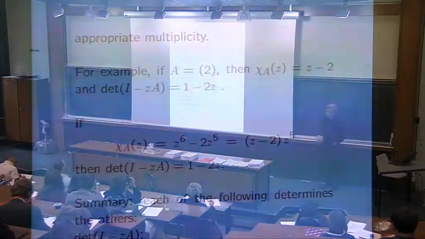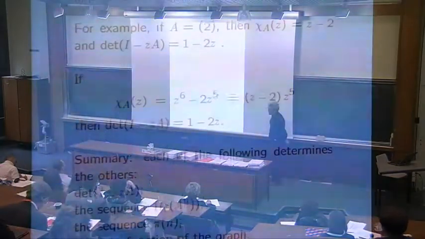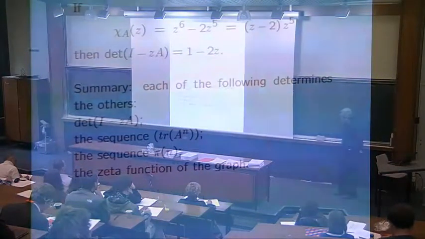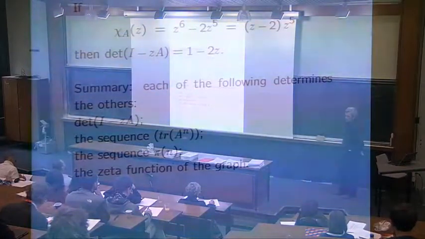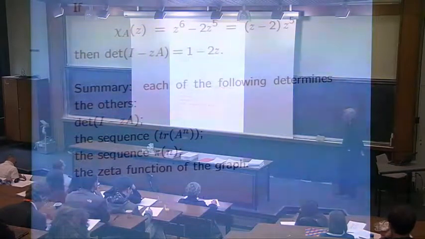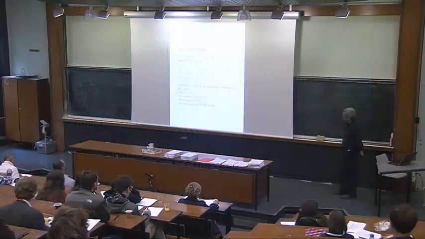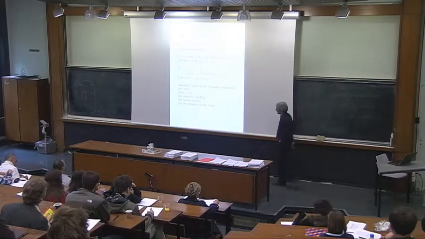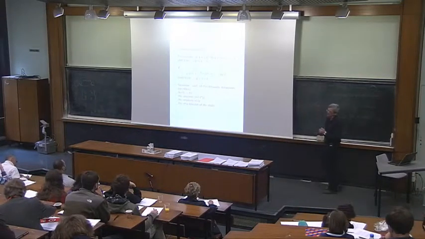Each of the following, in summary, determines the others: the determinant of I minus EA, the sequence of the traces of the powers of the matrix, the sequence which is the number of orbits of size n, and the zeta function of the graph. And by the way, what is the sequence pi of n in terms of the graph?